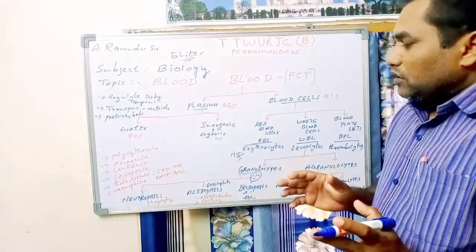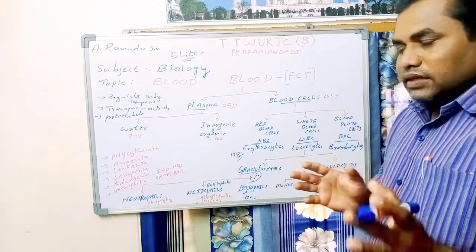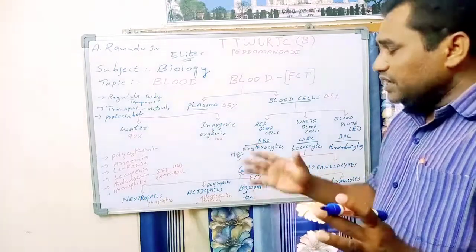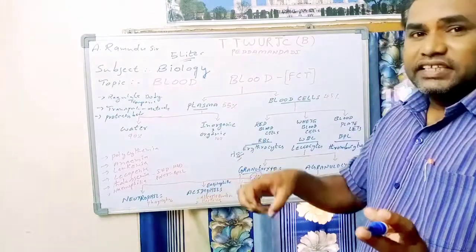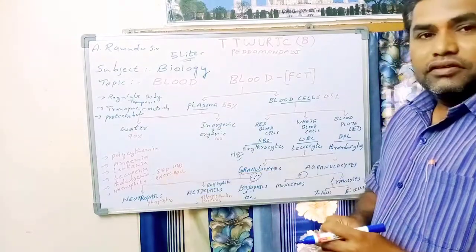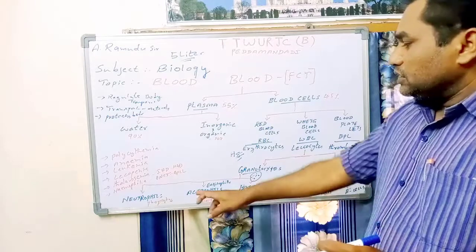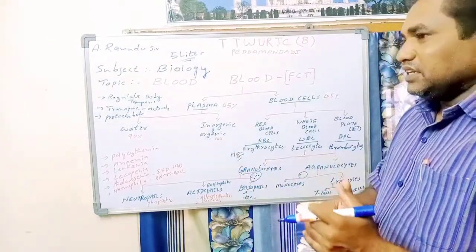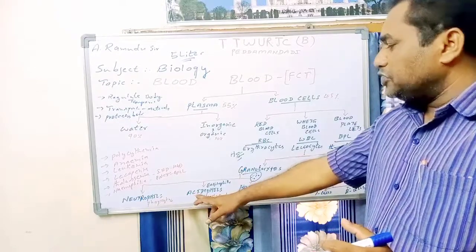When we test with chemicals, some exhibit neutral nature, hence they are called neutrophils. Some granulocytes exhibit acidic nature, hence they are called acidophils.